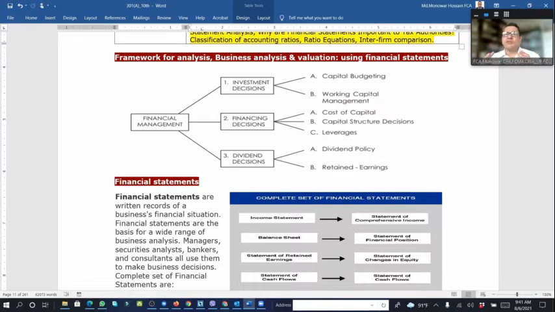That type of structure depends on the financial decision, and sometimes leverage also.